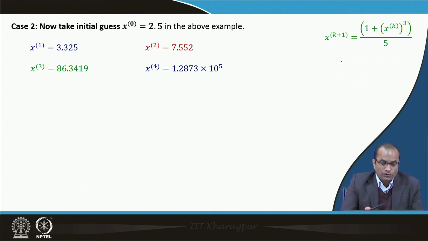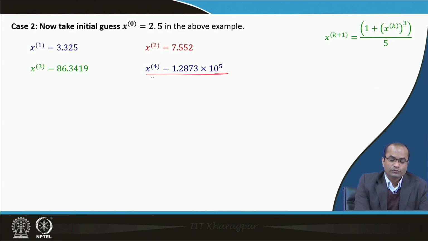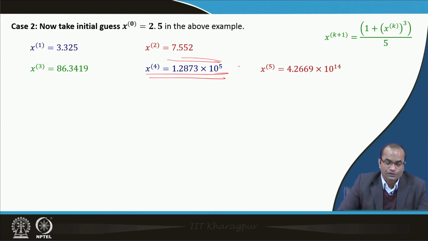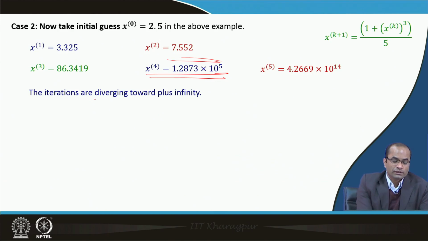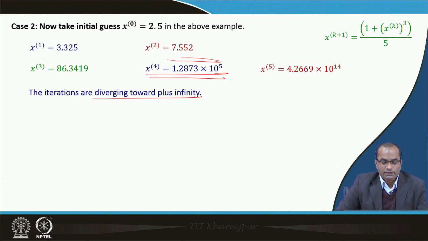So, here we were not sure actually whether it will converge or not, but actual computation shows that it actually does not converge. The iterations are diverging towards plus infinity.